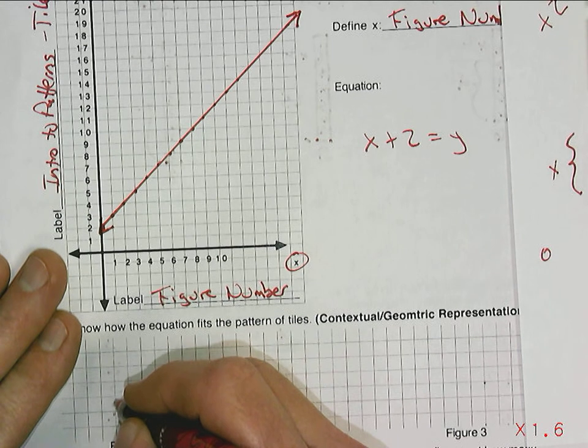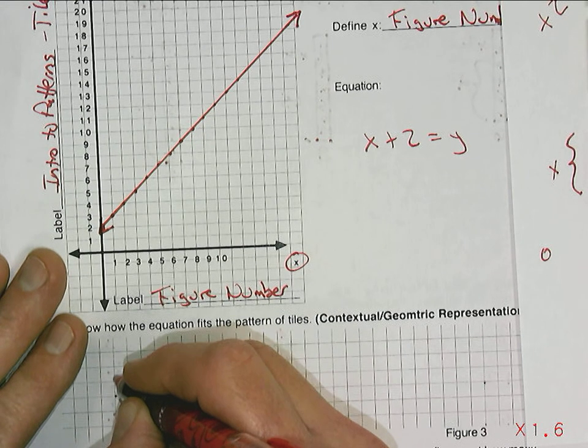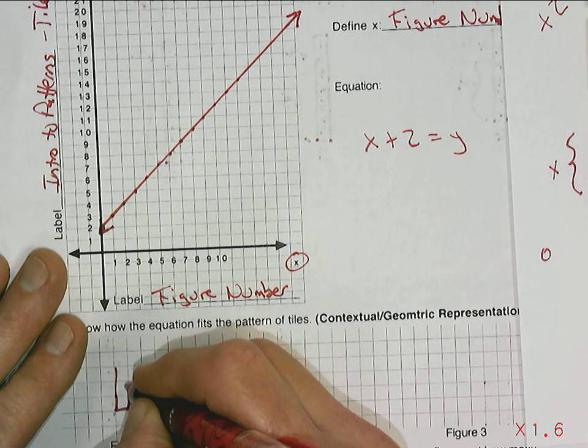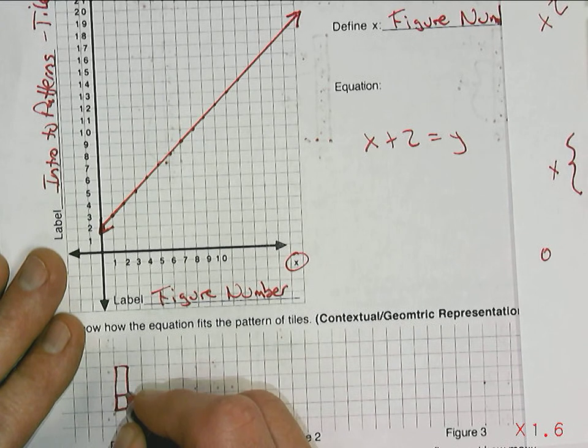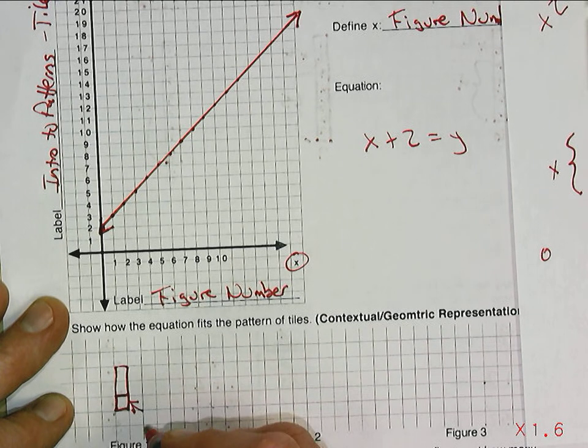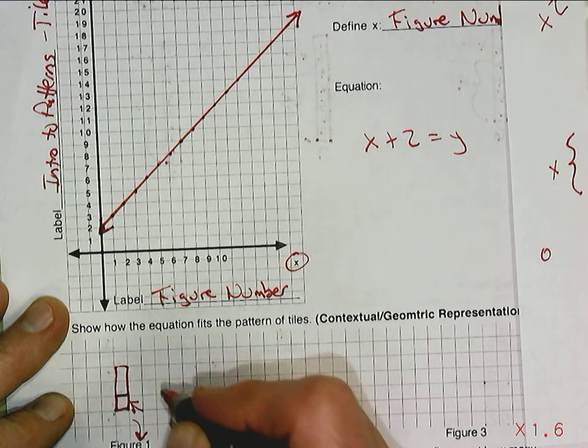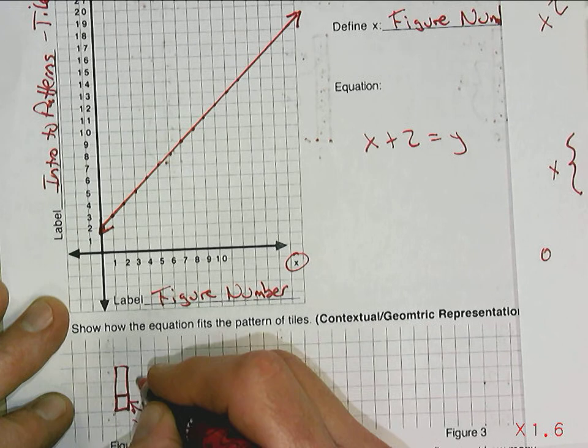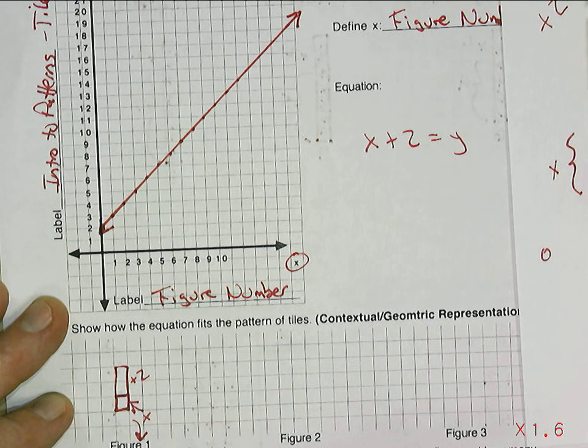So if I think of figure 1, here's figure 1, it has 3 tiles in it. And if I think of kind of cutting it into 2 parts, so right there is the figure number, or x, plus 2 more.